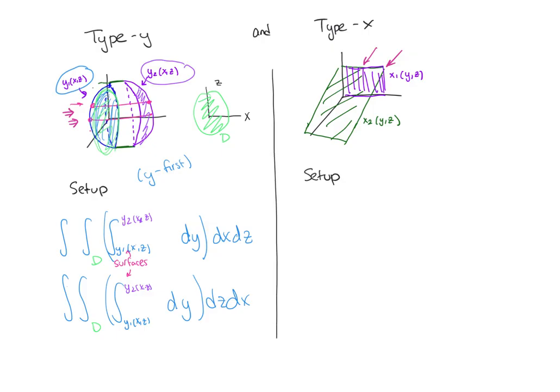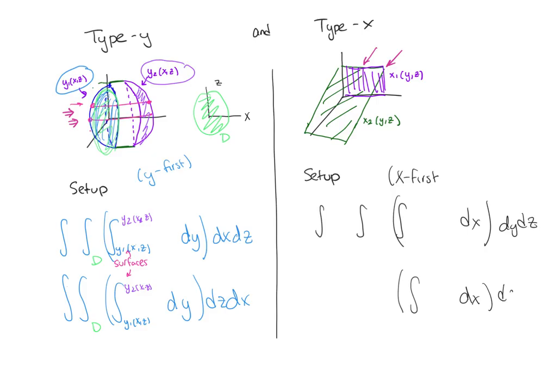If I'm doing type x, then I'm going to have that x be the innermost integral. So this is going to be my x first integral. And so again, I can either do yz after or zy. Either one of those is going to work. Now I'm going to move in the direction of that x-axis. So my x-axis goes back to front.